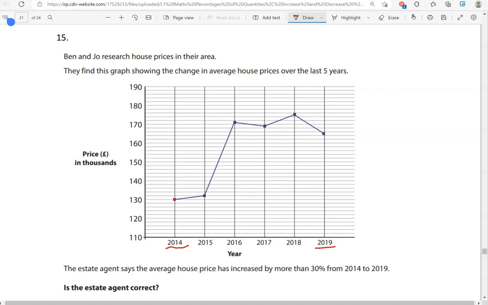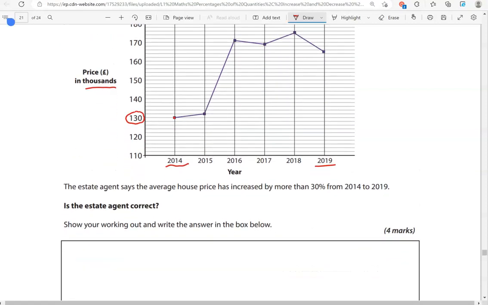So 2014, that was £130,000, and 2019, that was right here, so 165, so it's between 160 and 170, so we're going to say 165,000.